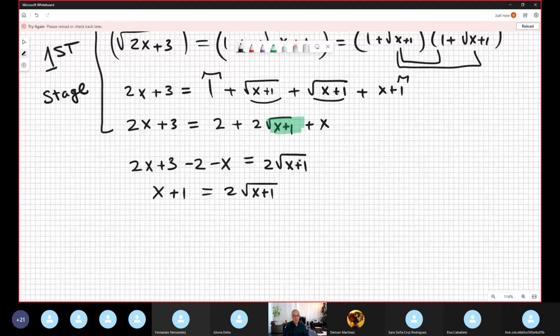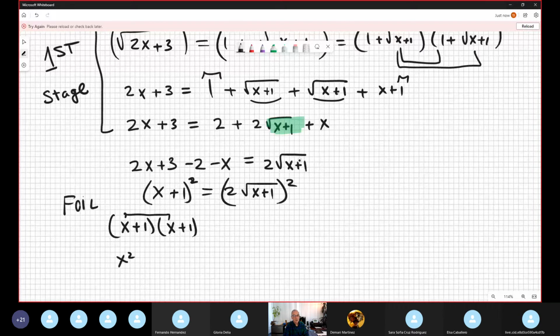Now ready to square. Square here, and a square here. And this is interesting and complicated because this is a binomial. This is x plus 1 times itself. And one more time, you FOIL here. It is x squared plus 1x plus 1x again plus 1.